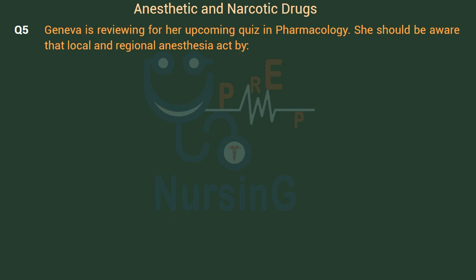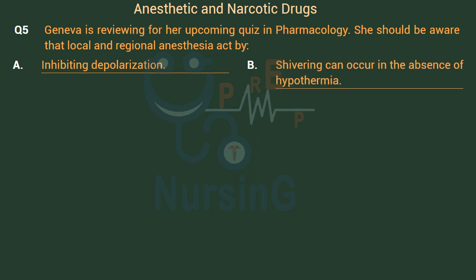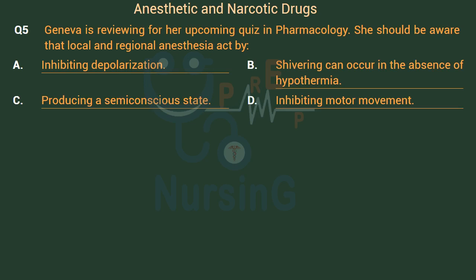Geneva is reviewing for her upcoming quiz in pharmacology. She should be aware that local and regional anesthesia act by: Option A, Inhibiting depolarization. Option B, Shivering can occur in the absence of hypothermia. Option C, Producing a semi-conscious state. Option D, Inhibiting motor movement.